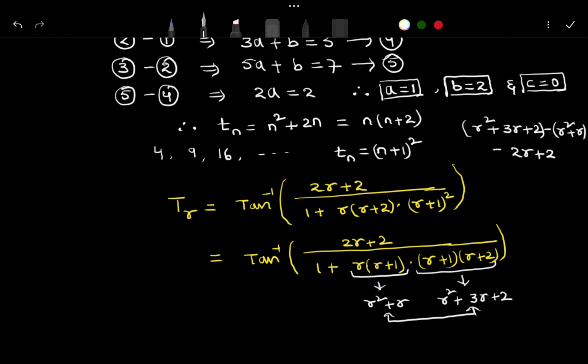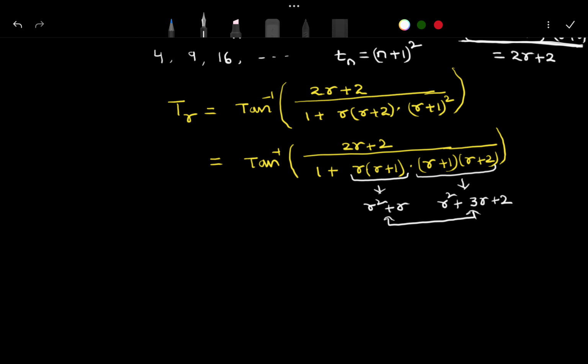So the numerator is clearly 2r plus 2, and we can replace it with r square plus 3r plus 2 minus of r square plus r.